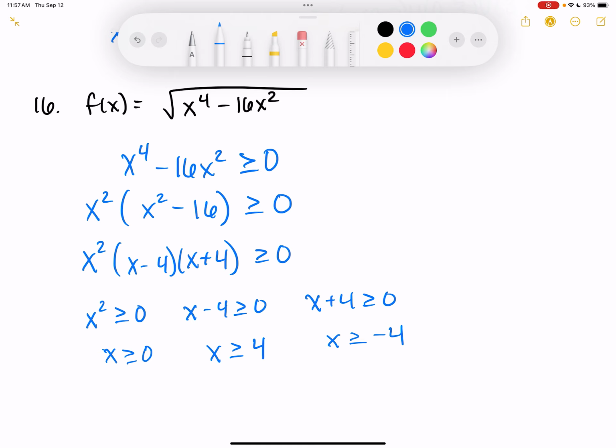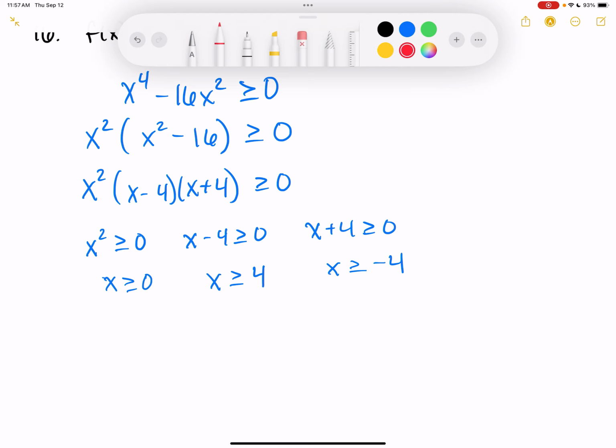Somebody else can plug in -5. Somebody else do -1 and somebody else do +1. Okay, so I know that part of it is going to be from 4 to infinity. That's what you checked, right? I put in 5.